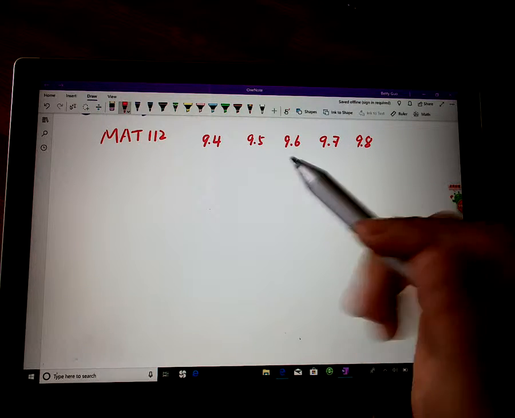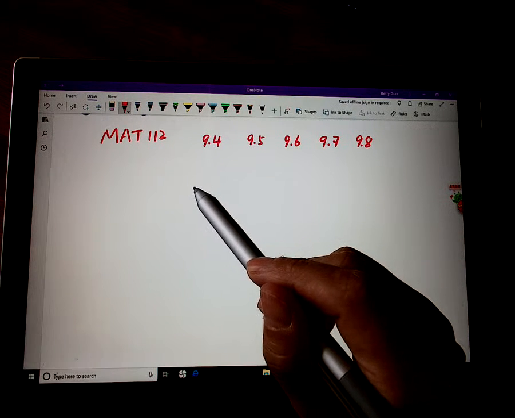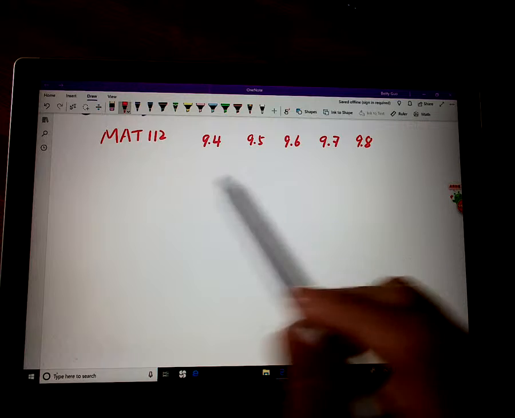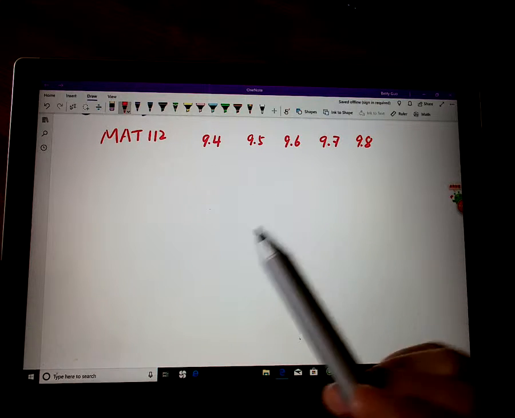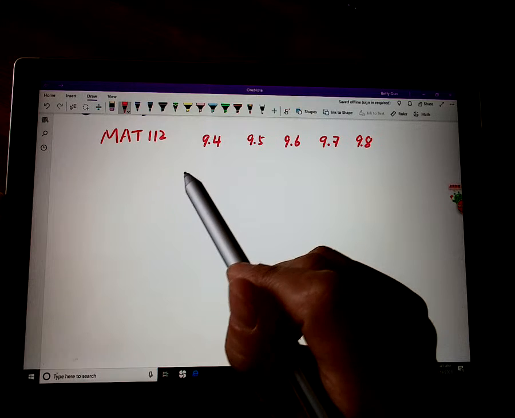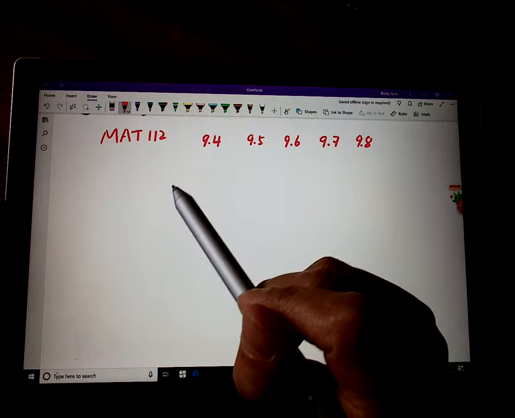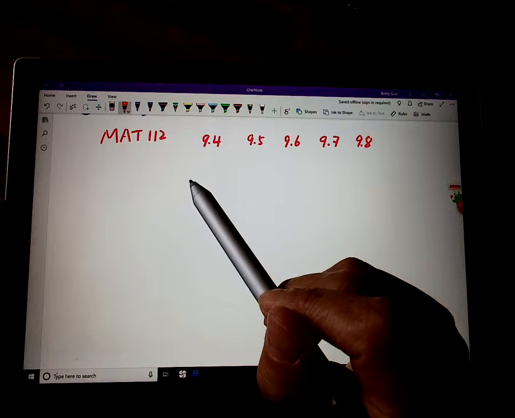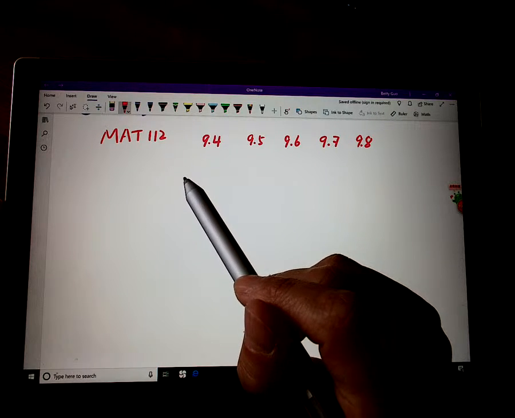Hello everyone. In this video we are going to finish the leftover we had from last class. We have been talking about the operations of radicals. We know we could only add or subtract radicals if they are like radicals.